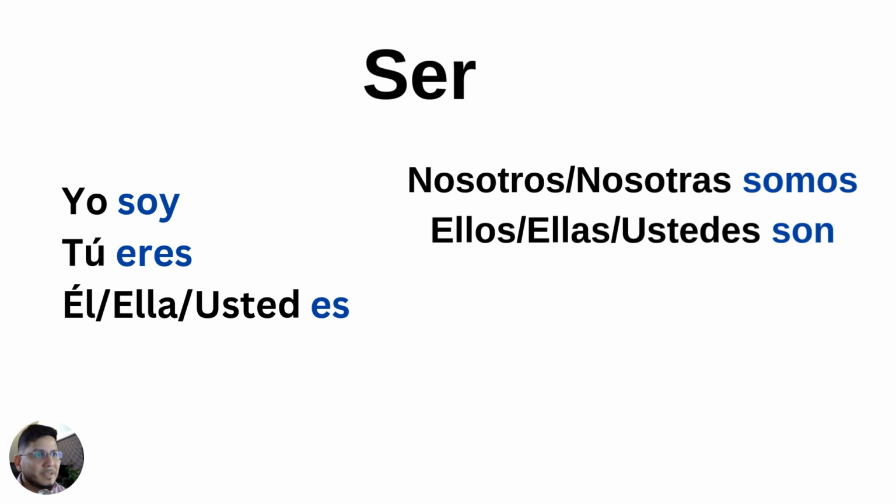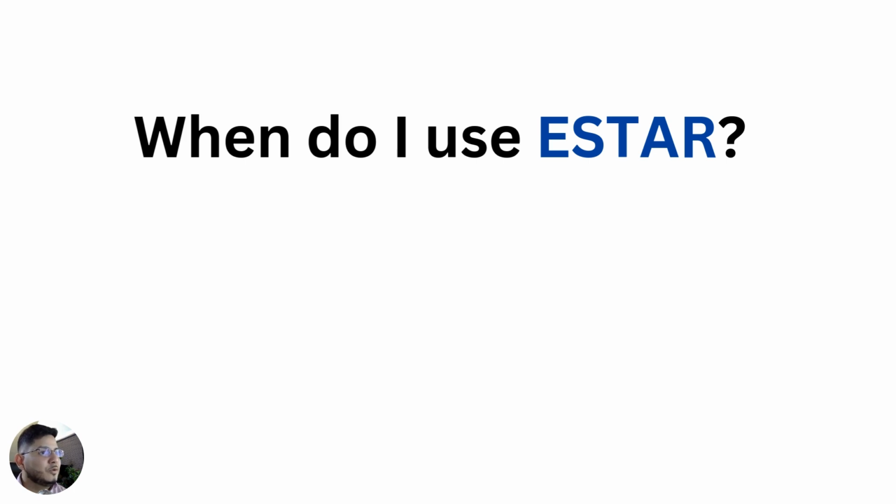So it's irregular, and we can't really break it down. Yeah, it'll be more work for you. So just memorize it. That's the best way to learn it. You memorize the conjugations: soy, eres, es, somos, son. Again, both of these are the present tense and they mean to be.